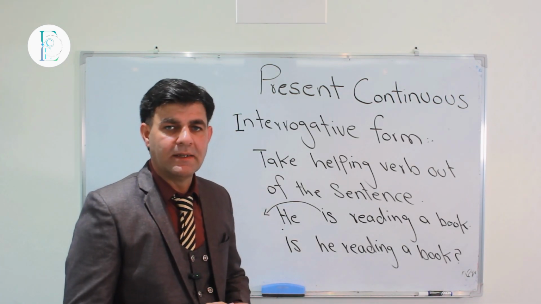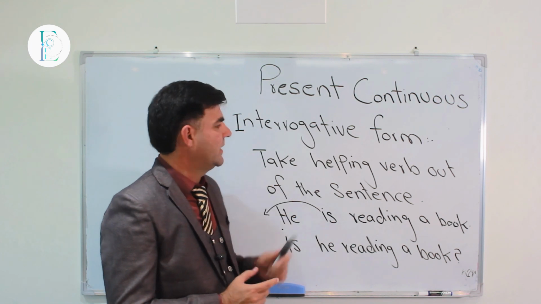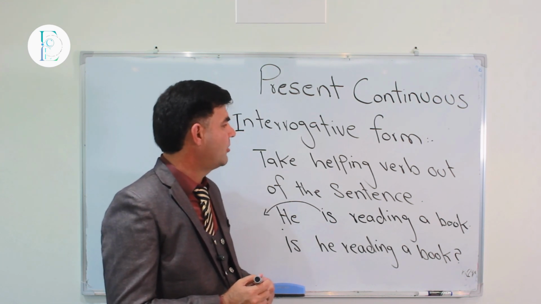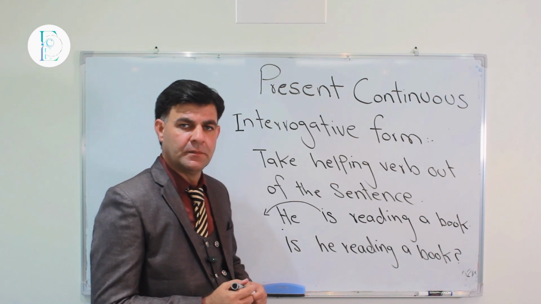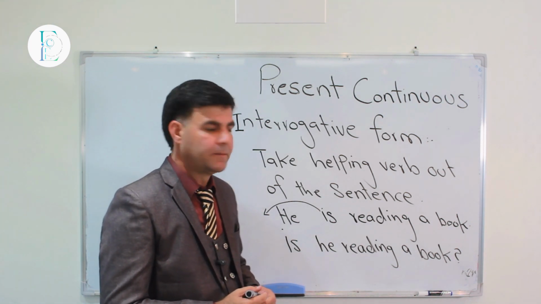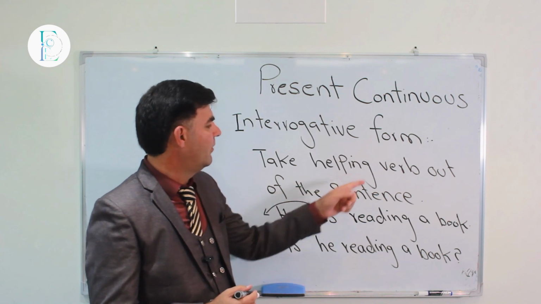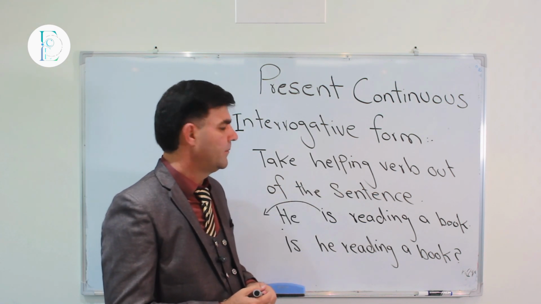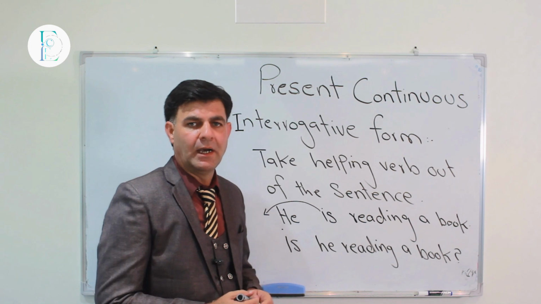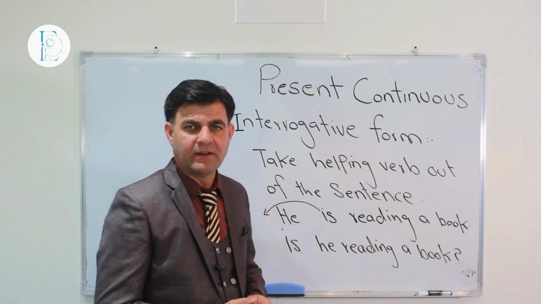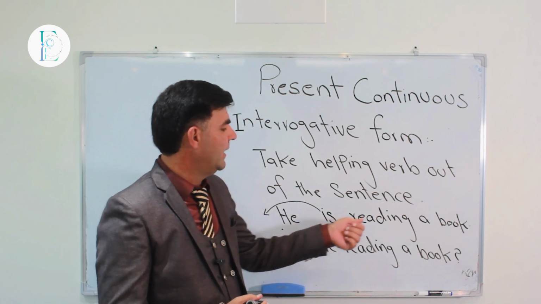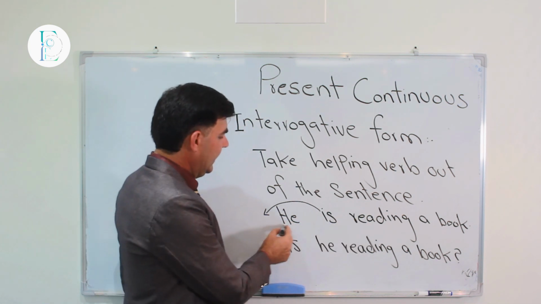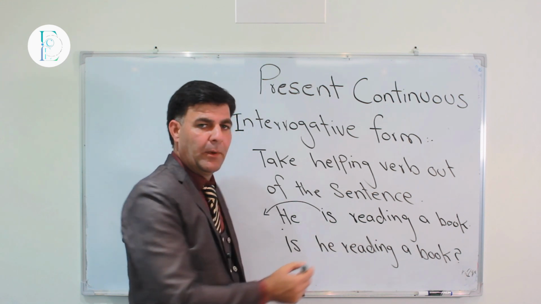The next one is interrogative form. Very simple and easy. Take the helping verb out of the sentence and it will be automatically interrogative. He is reading a book.